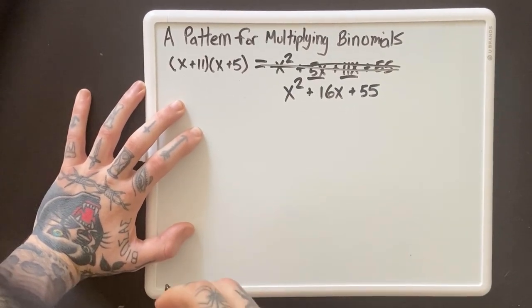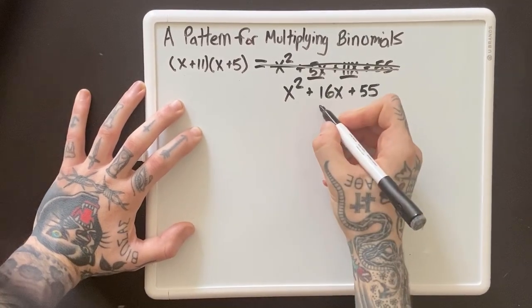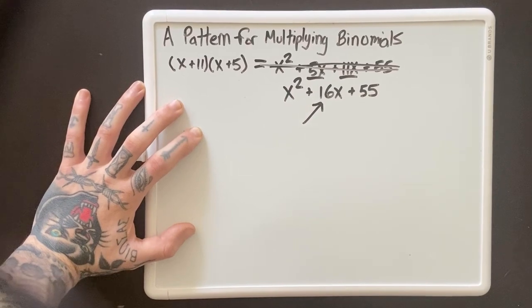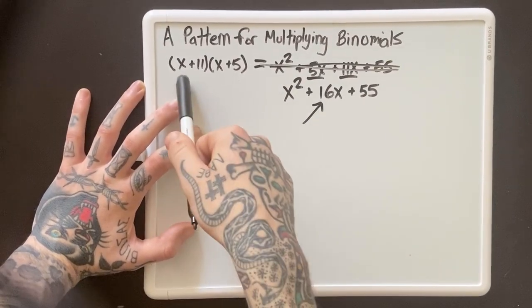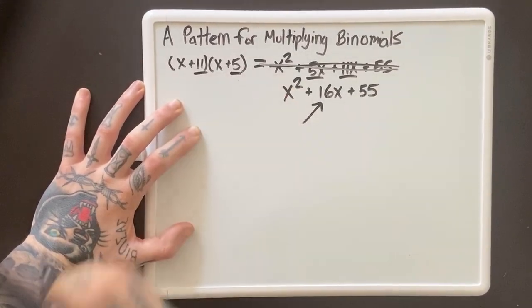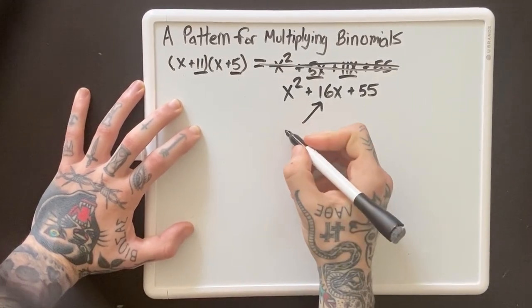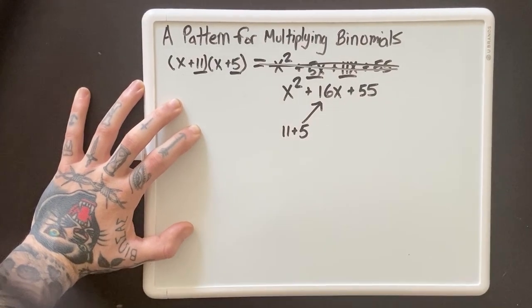Let's look at the number 16 first. How is it related to the only numbers we see in our multiplication, 11 and 5? Well, 11 plus 5 is equal to 16.